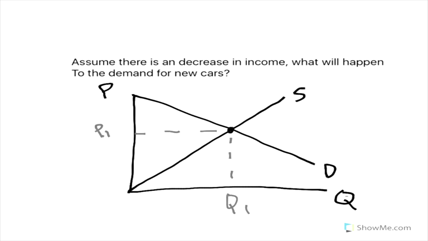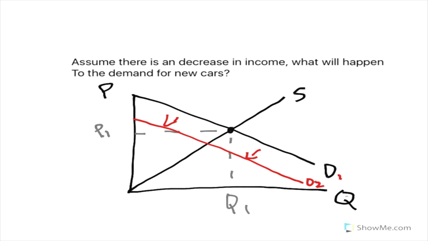Assume that there is a decrease in income. What will happen to the demand for new cars? If there's a decrease in income, the amount of new cars is actually going to go down. So we're going to illustrate a decrease at our new demand level, D2.